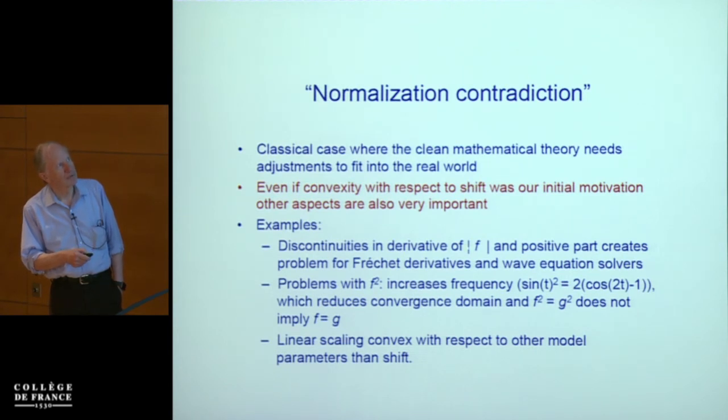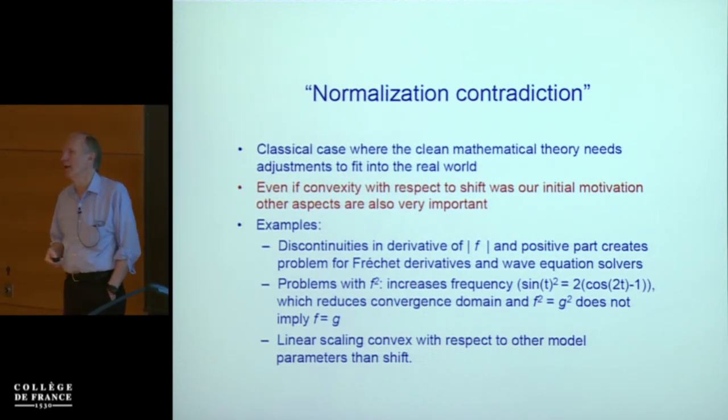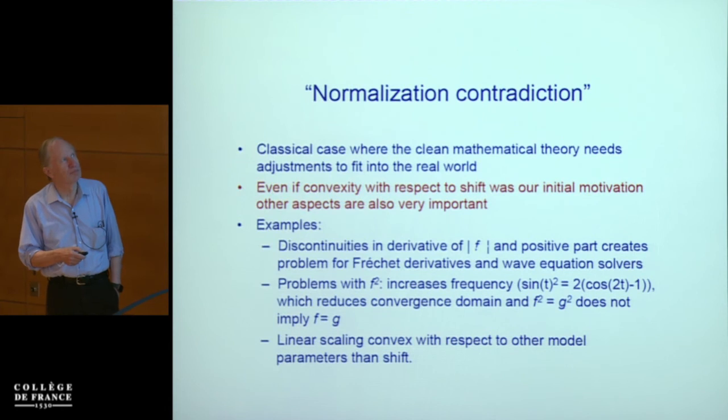The thing is that discontinuities in derivatives, when you do f plus and f minus together with the optimization loop, are a problem when you compute the derivatives, and that messes up the optimization process. The squaring, of course, also increases the frequency.